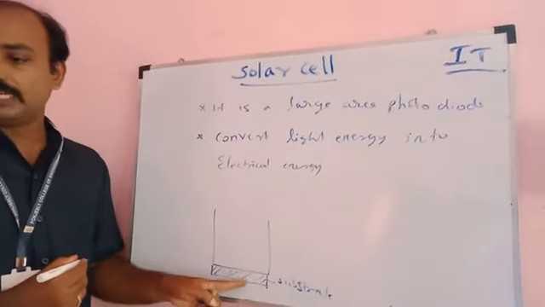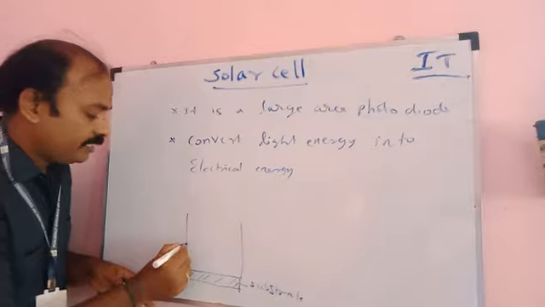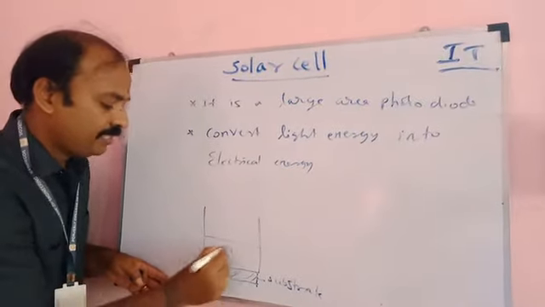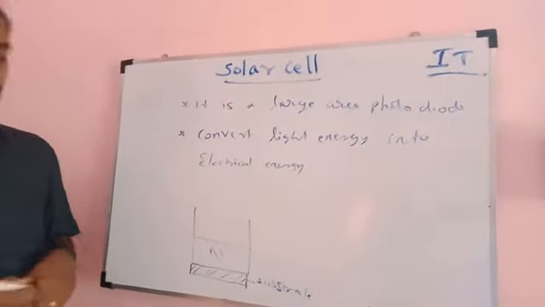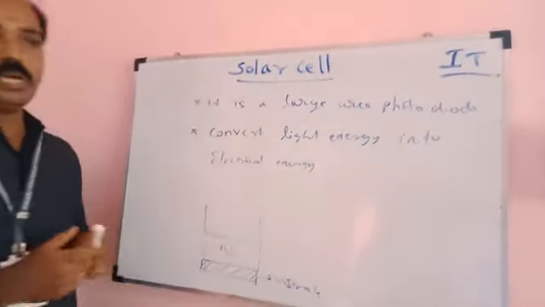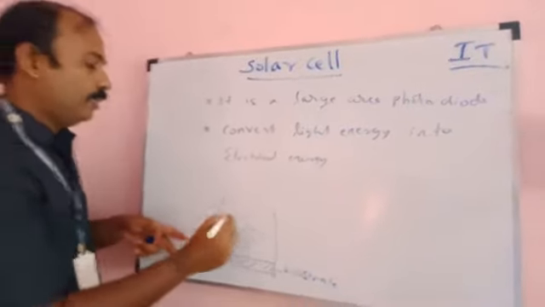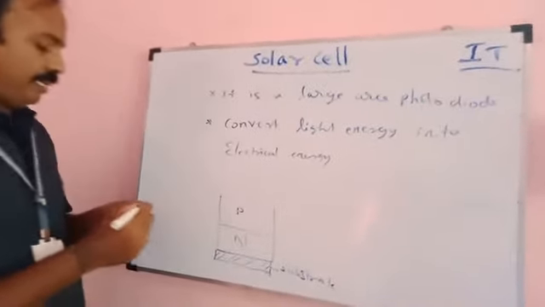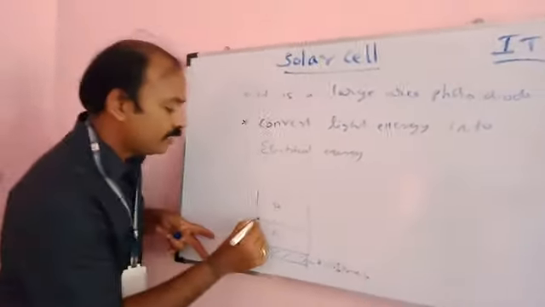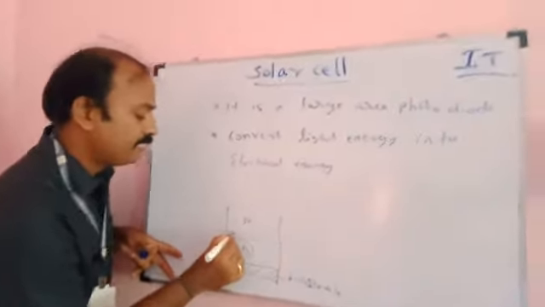This is the substrate. It is an n-type semiconductor, where the majority carrier is the negatively charged electron, and this is a p-type semiconductor. This is named the depletion region.